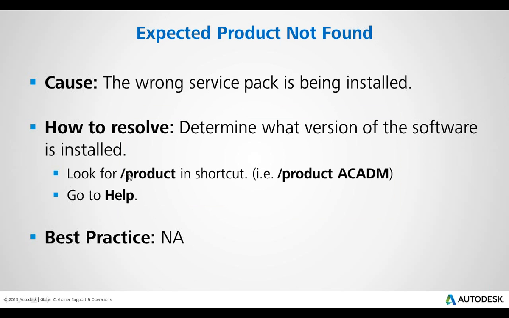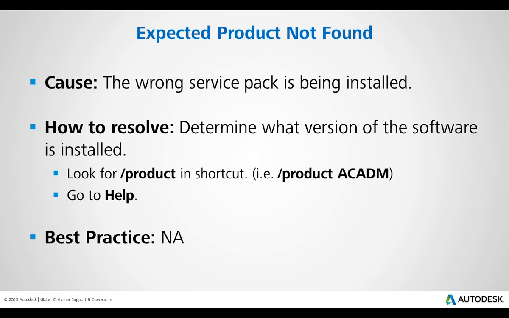Look if there is a /product in that shortcut. So it'll have the path to like C:\Program Files\Autodesk\AutoCAD 2015, and then /product after that in the link. In this case, it has a /product followed by ACADM, for example, which means AutoCAD Mechanical.